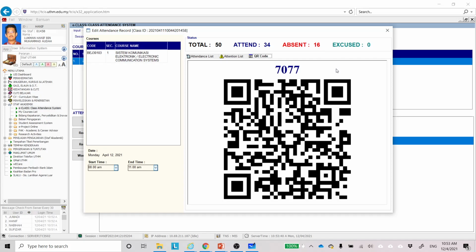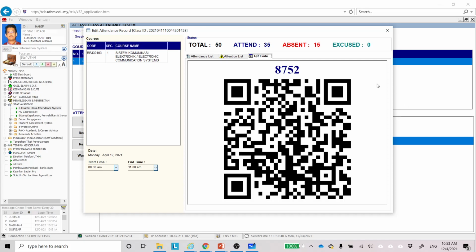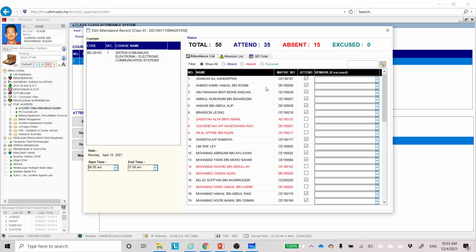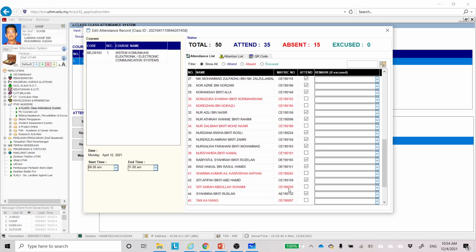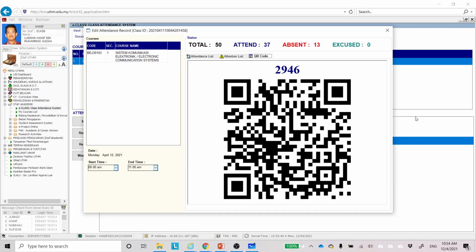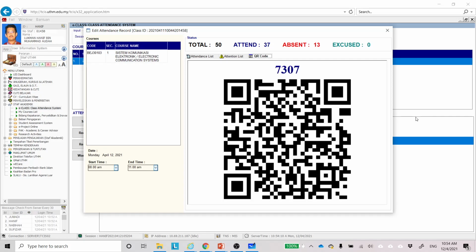So siapa ambil attendance, siapa dah? Doktor, saya tak boleh nak scan. Boleh manual tak? Okay. Siapa nama? Siti Sarah Abdullah. Nombor 34. Terima kasih, Doktor. Siapa lagi boleh scan tak? Doktor, saya 30.